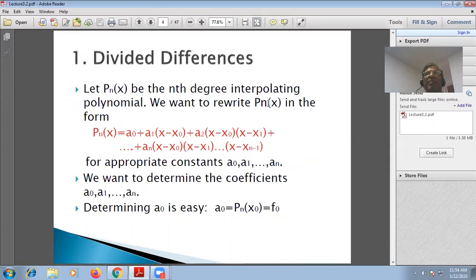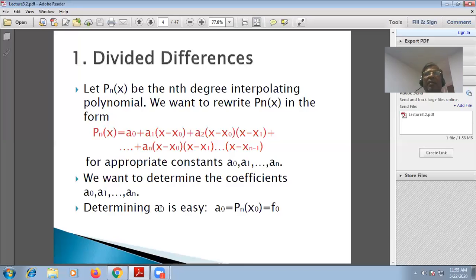We want to rewrite Pn(x) in the form a naught plus a1 (x minus x naught). If you take a2, there are two consecutive factors. If you take a3, there will be three consecutive factors. If you take an, there will be n consecutive factors.